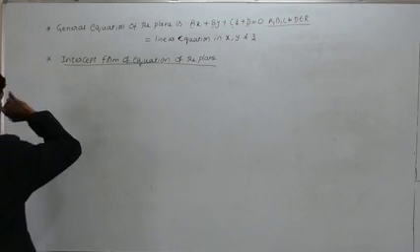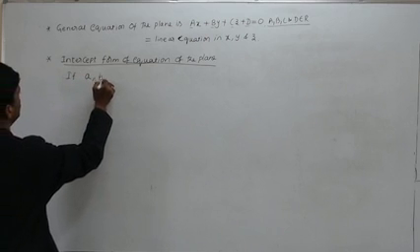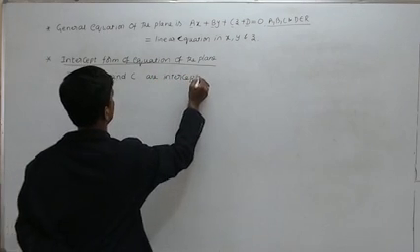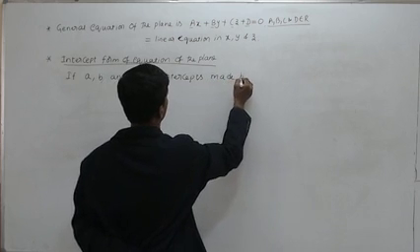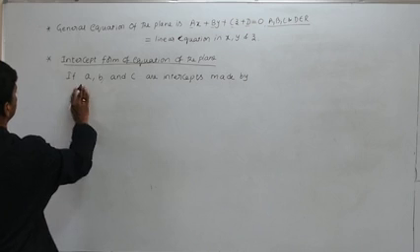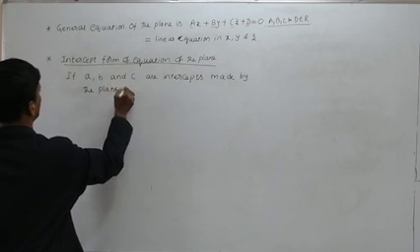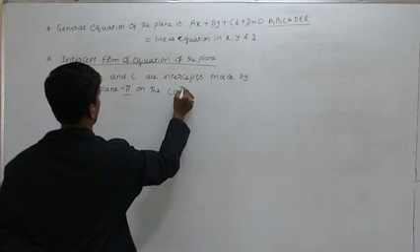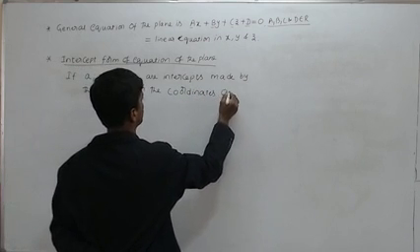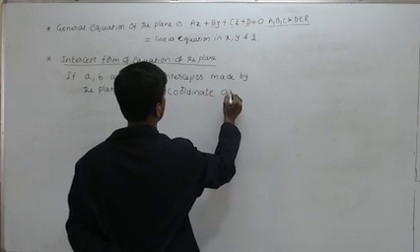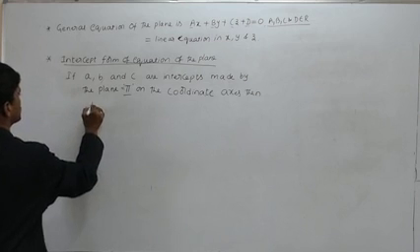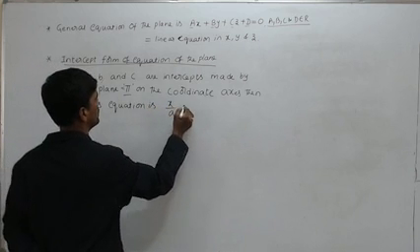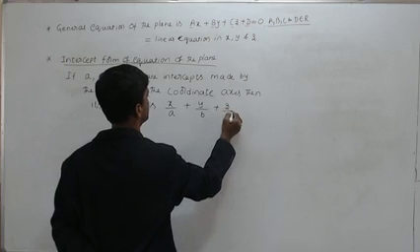So here, if small a, small b and small c are the intercepts made by the plane pi on the coordinate axes, then its equation is x/a + y/b + z/c = 1.